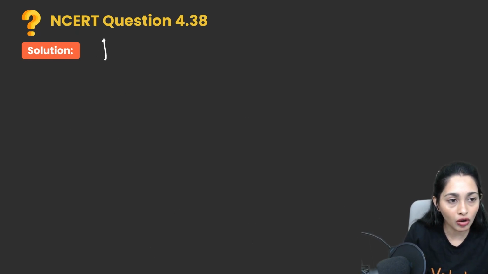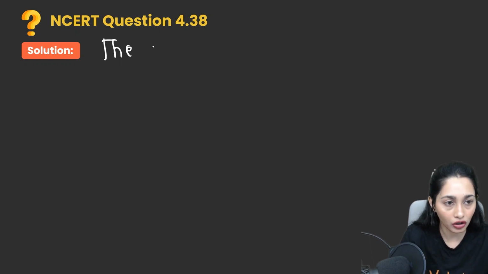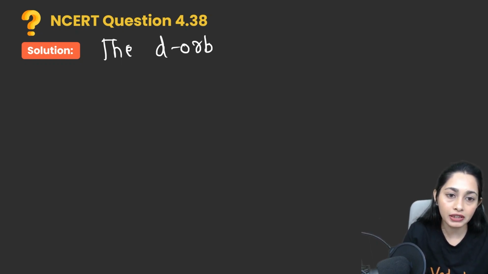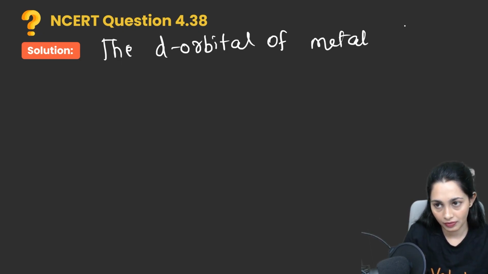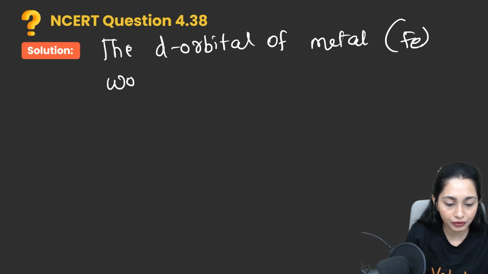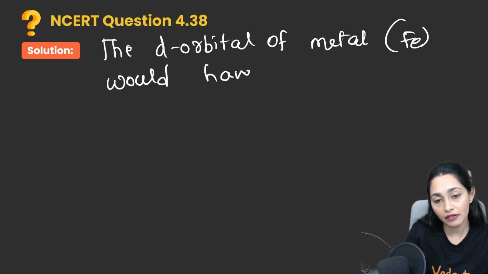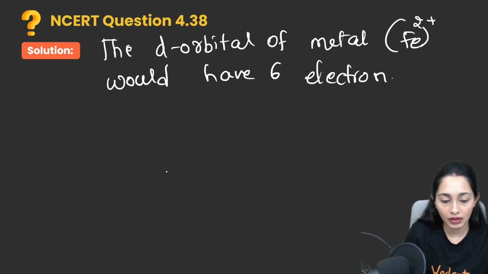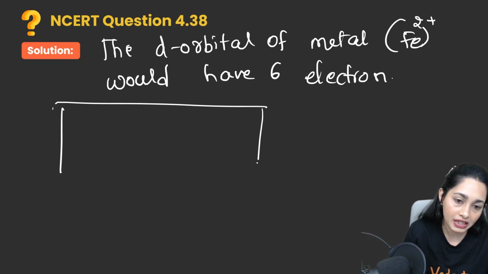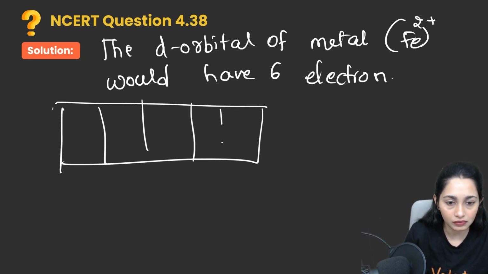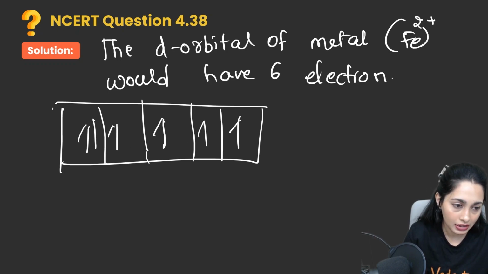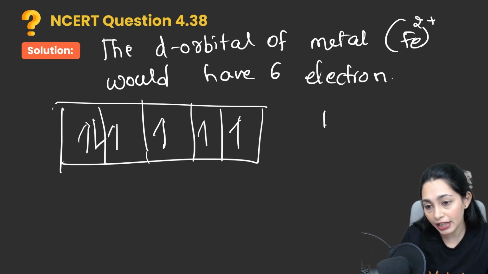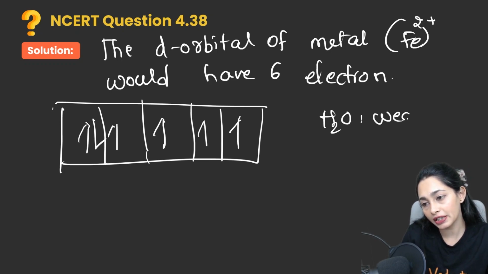So the d orbital of the metal ion, that is Fe, would have 6 electrons, because of +2 oxidation. Okay, Fe2+ will have 6 electrons. So how is that possible? See here, 1, 2, 3, 4, 5, 6. But H2O is a weak field ligand, right?